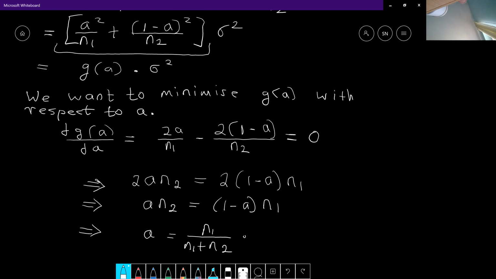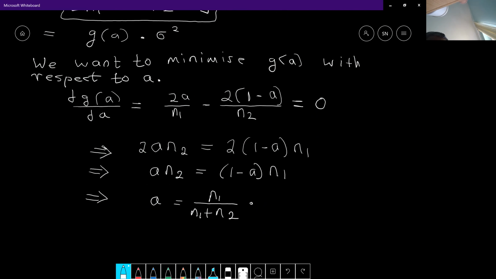Now we need to check if the solution corresponds to a maximum or minimum. To do that, we need to take the second order derivative. So I'm going to take the second order derivative with respect to a, which is 2 divided by n1 plus 2 divided by n2, which is clearly positive.